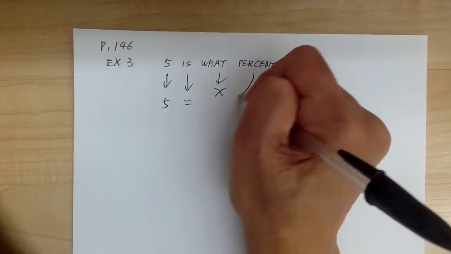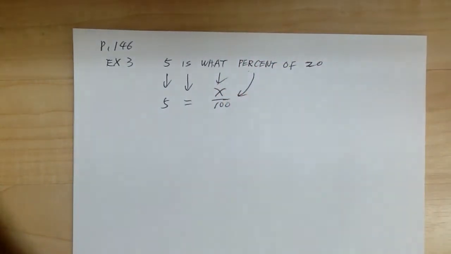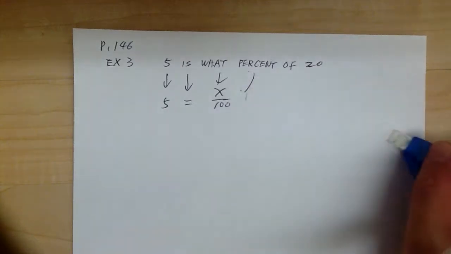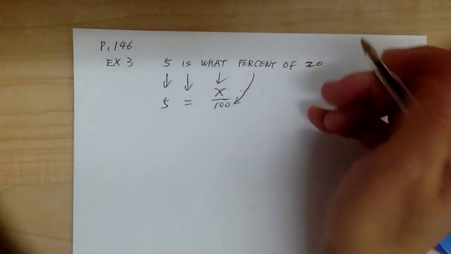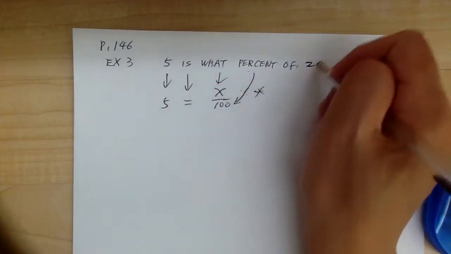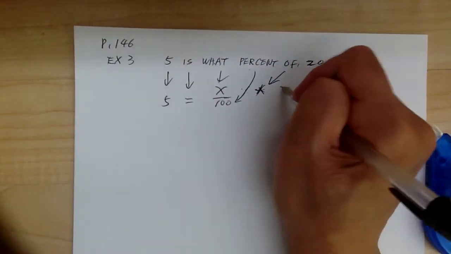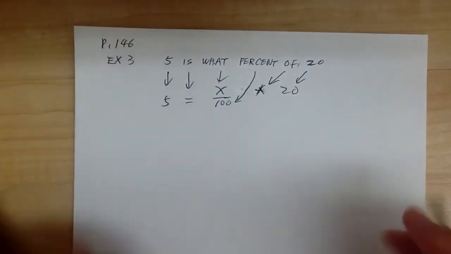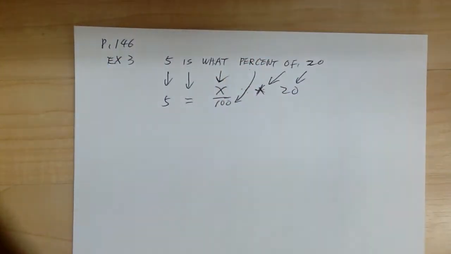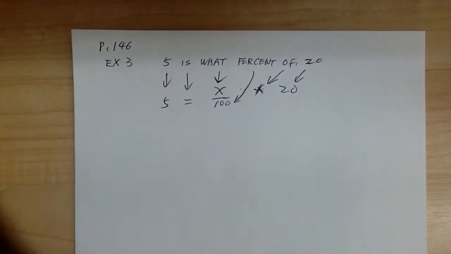Percent means over 100. That's what percent means. Of means times 20, means 20. So notice how everything lines up. So that's how you translate. Once you learn how to translate, the word problem is not that scary.